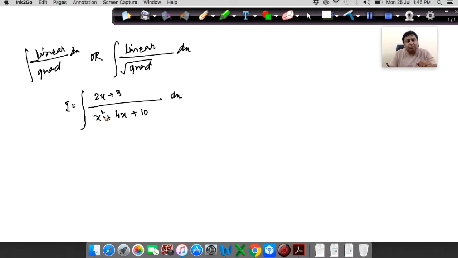So 2x plus 4 is the differentiation of the denominator. 2x luckily is already there. If it is not there, then also it's not a big problem. I'll give you some example. This is right now 2x plus 4. What I'll do, I'll write in the numerator 2x plus 4 on my own, but it was 3, so simply do minus 1. Basically I added 1 and subtracted 1 to create the derivative of this on top.